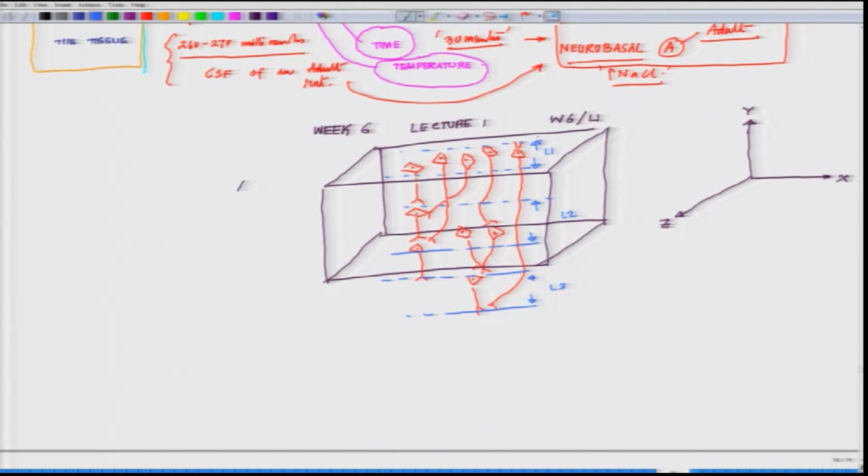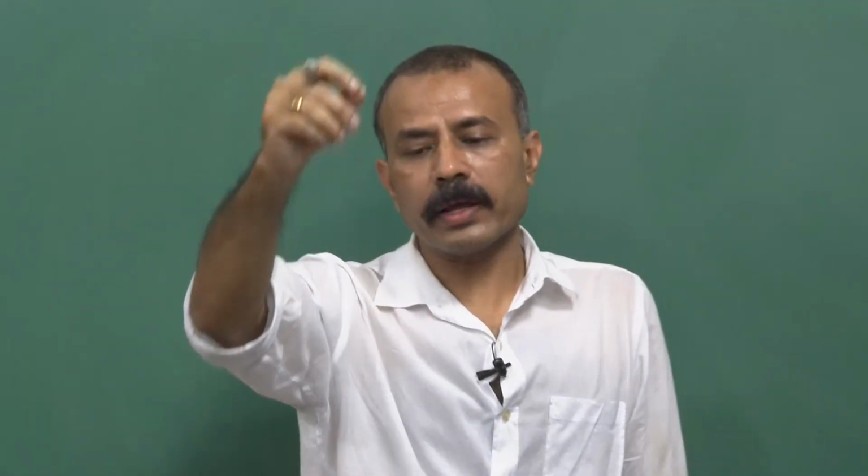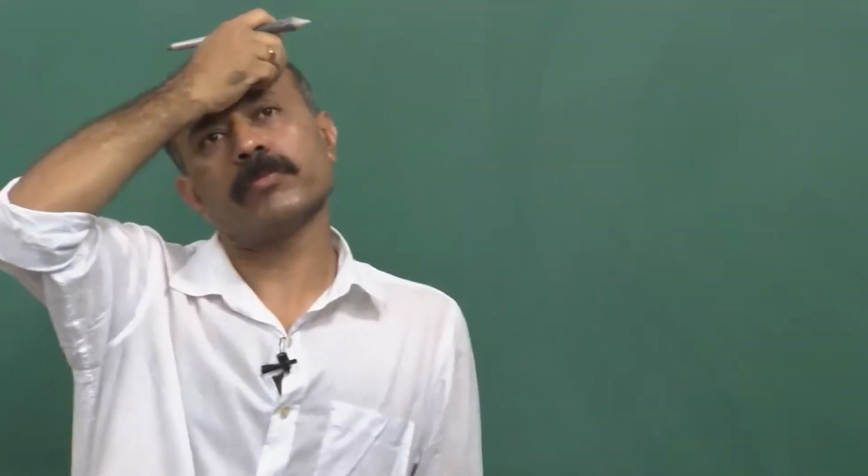Now we do not have any control, if we talk about a network, over whether layer 1 is interacting with layer 3, or layer 1 is interacting with layer 2, or layer 1 is interacting with both layer 2 and layer 3. So, there are different kinds of layering and connectivities which are happening in a three-dimensional network.